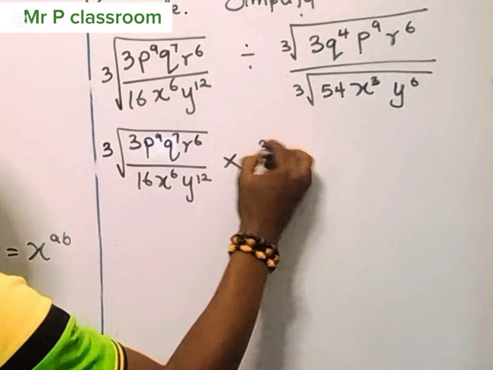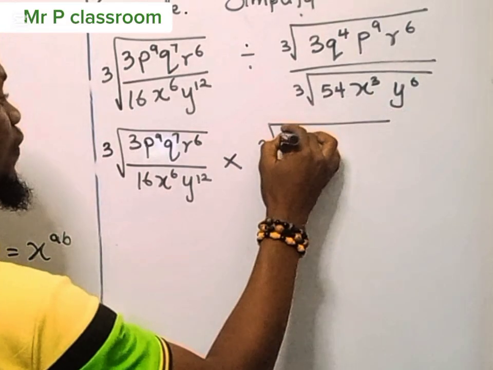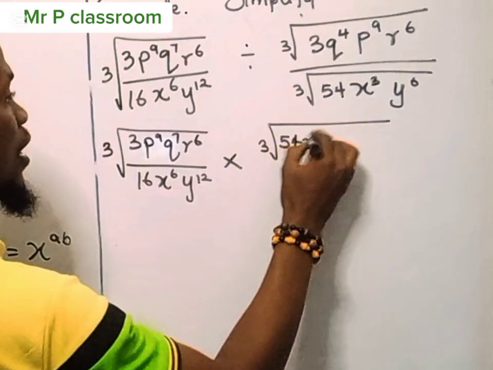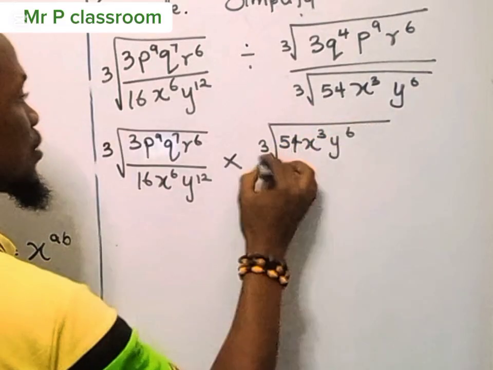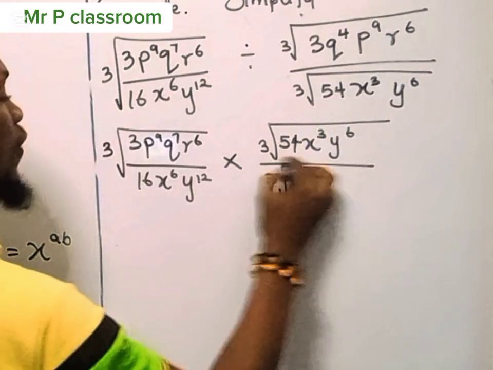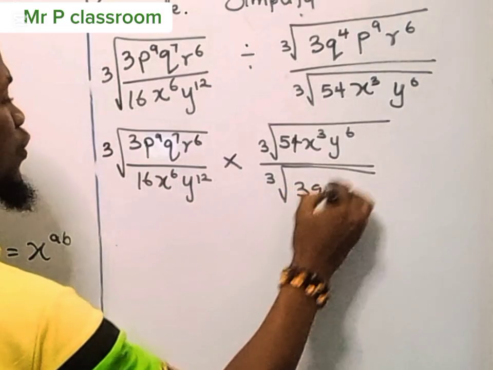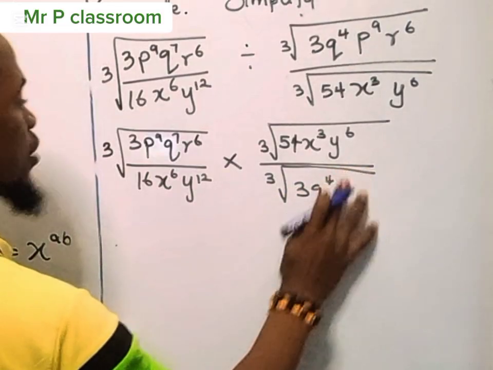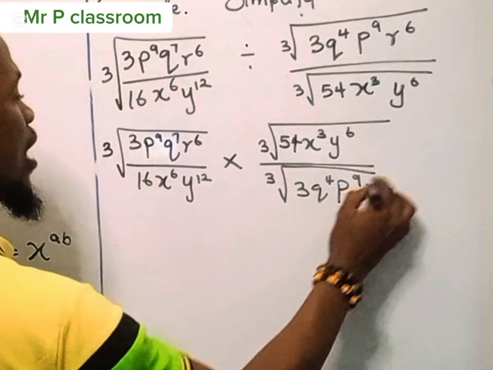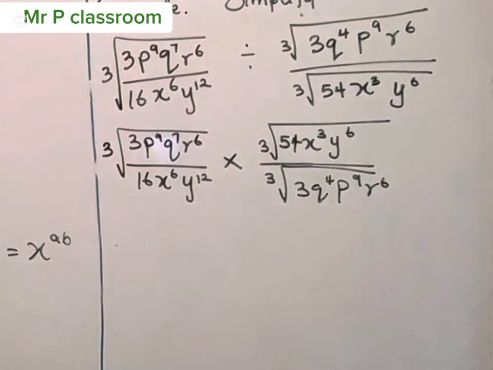So I have cube root of 54 x3 y6 over cube root of 3q4 p9 r6. So this is what I have, right?